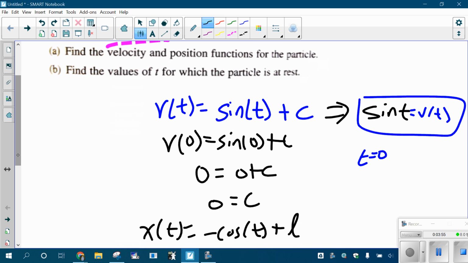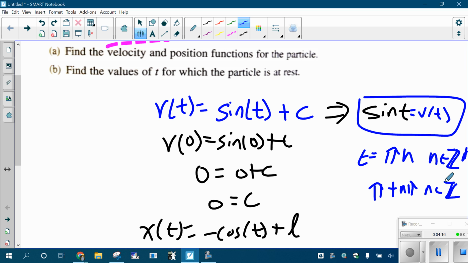So I should say t equals pi n, where n is a positive integer, but not 0. So maybe I should say pi plus pi n, where n is a positive integer. Yeah, that'd be good. Point is, there's infinitely many times that the velocity equals 0, multiples of pi.